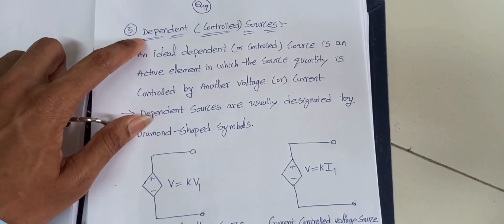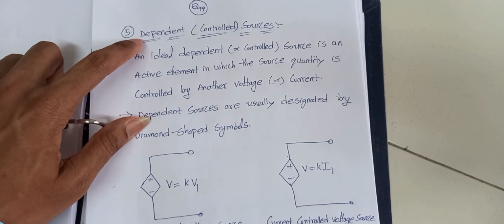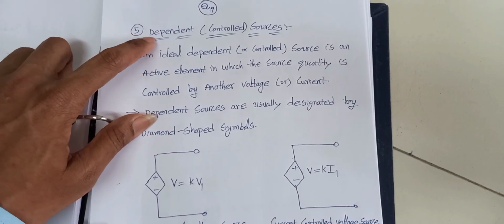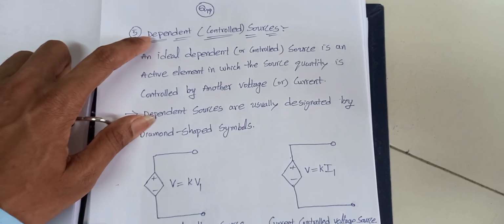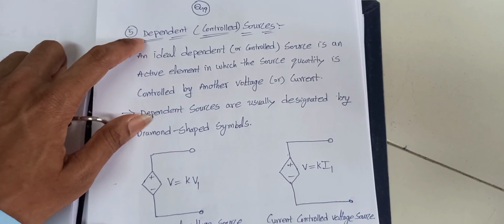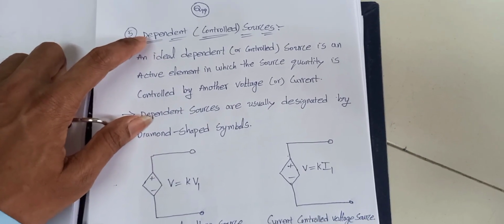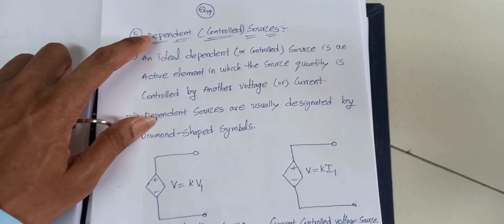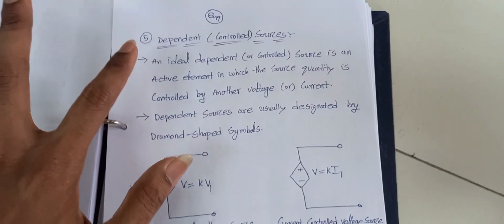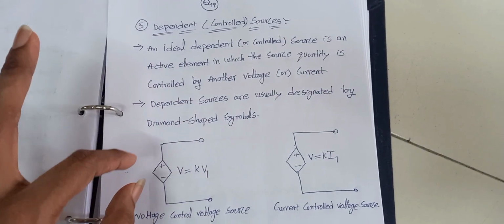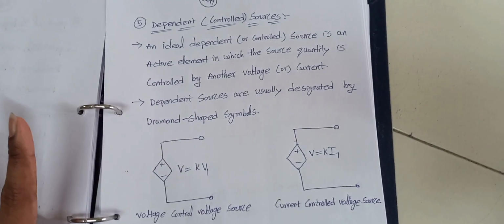The diamond's first letter is D, and the word dependent also contains the letter D. So you have to remember this D and that D blindly. Whenever you get a dependent source, either a current source or a voltage source, whatever it may be, you have to mention it in diamond shape only.